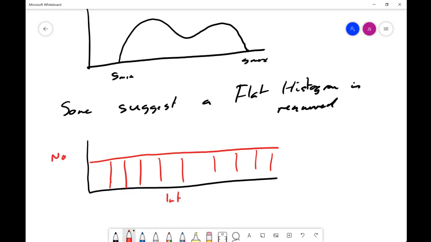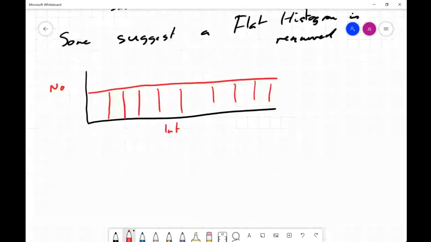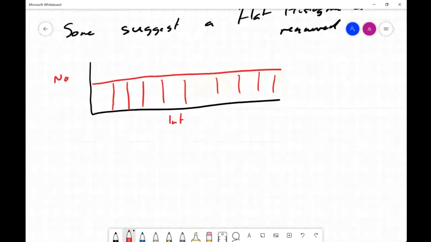Now, if you're doing that, you are losing image information. If the images were used, say, for forensic purposes, and there was photographic evidence, and the images had been equalized, you could claim that those weren't the original images and they had been tampered with.